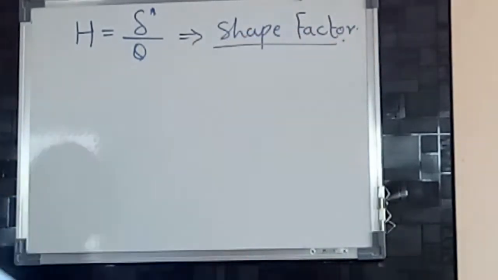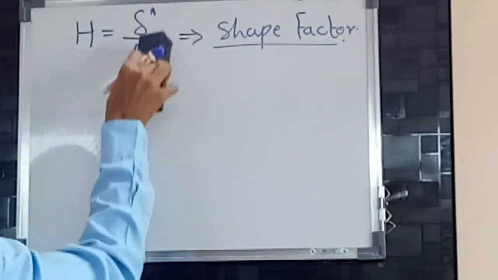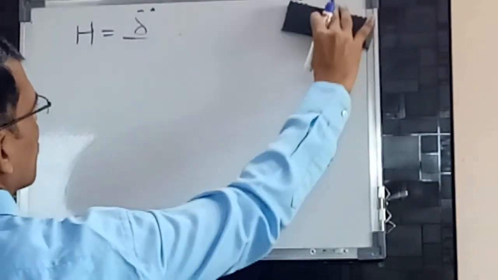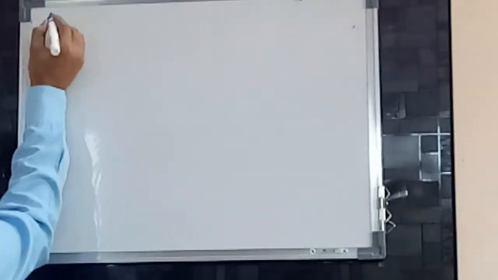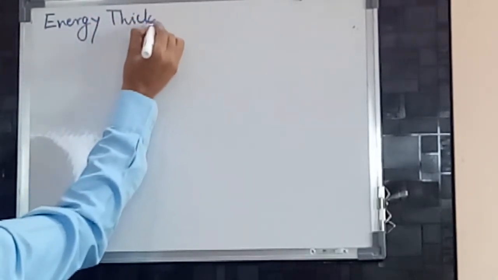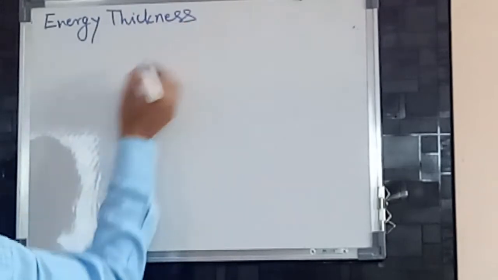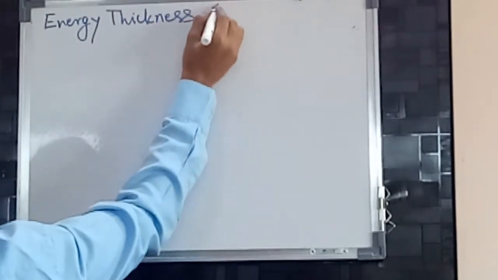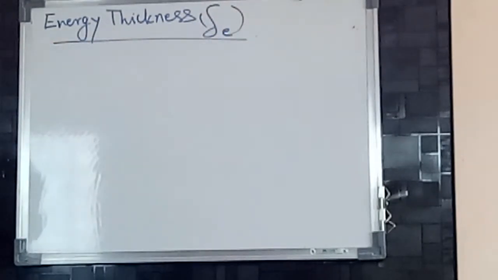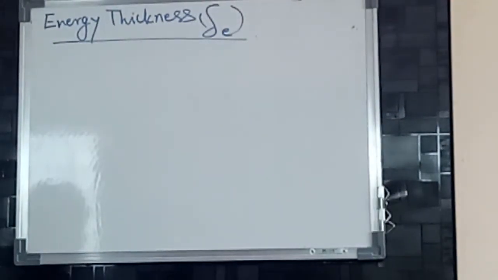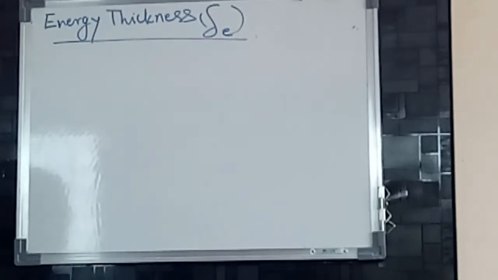Okay, it is the ratio of this and this. Then we'll see the energy thickness. It is denoted as delta suffix E. So one standard formula is there.